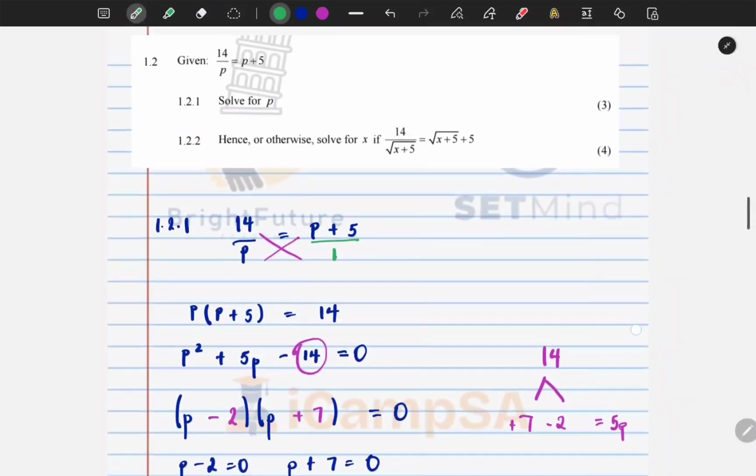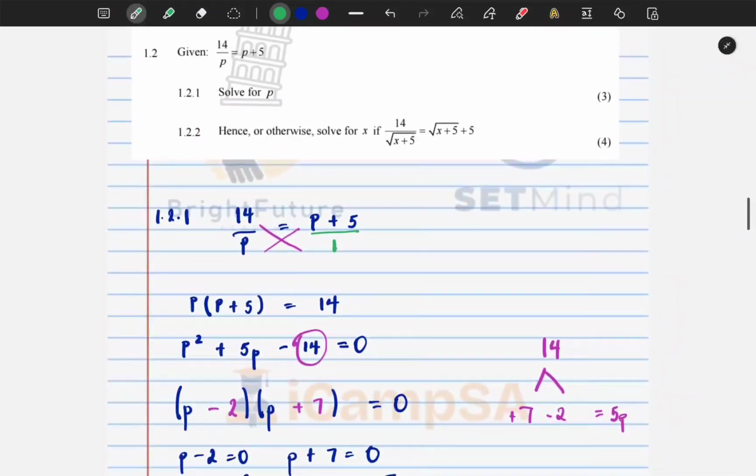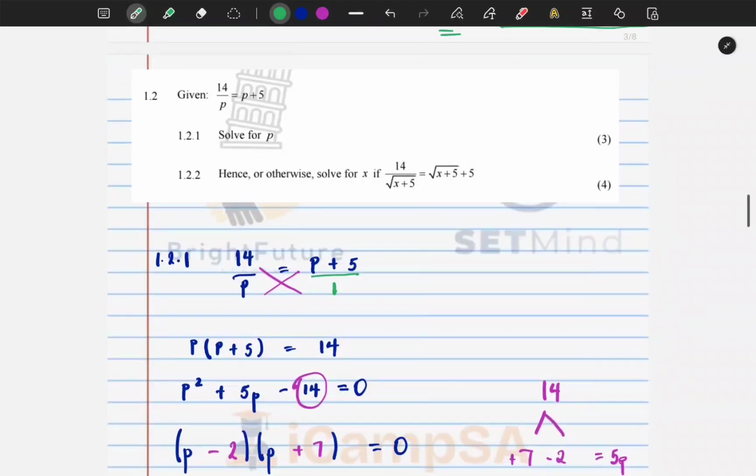They are saying hence, otherwise, solve for x if 14 over the square root of x plus 5 equals the square root of x plus 5, plus 5.